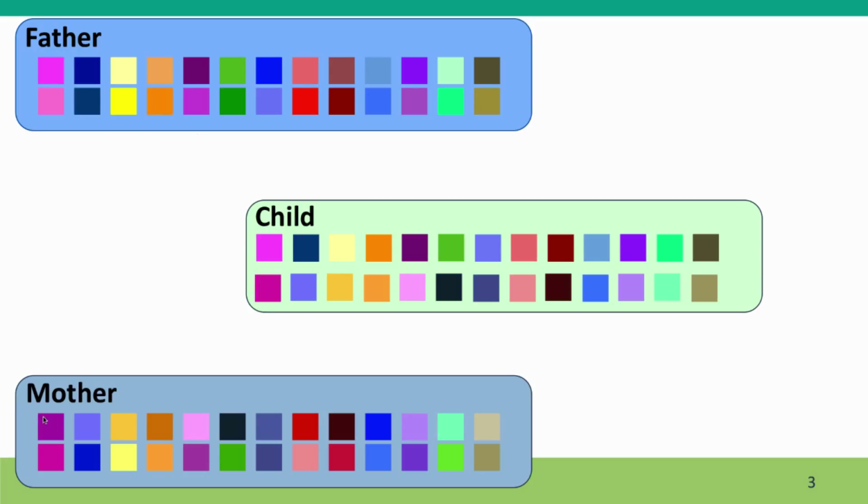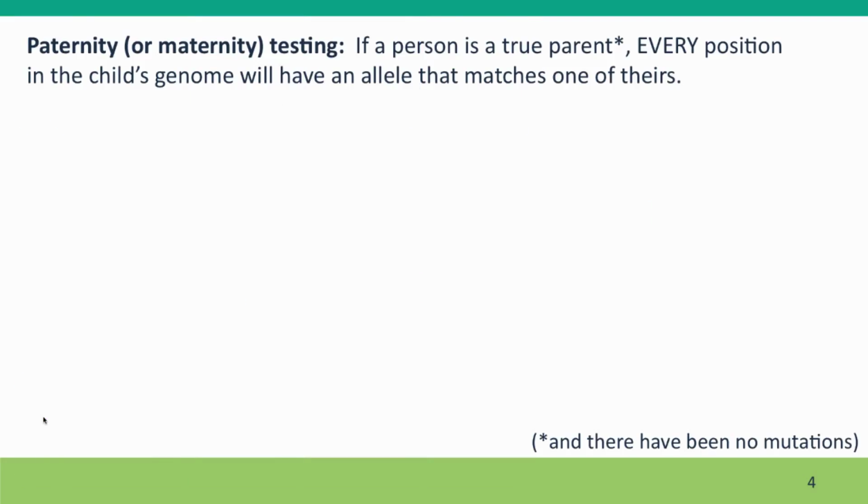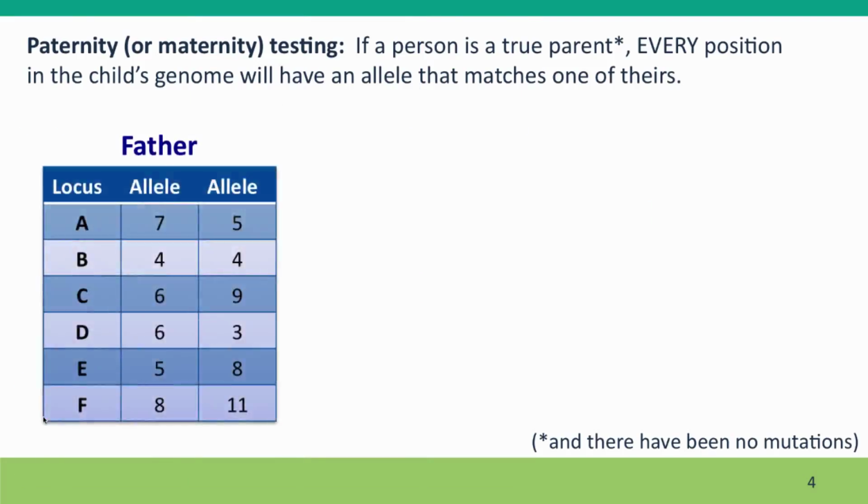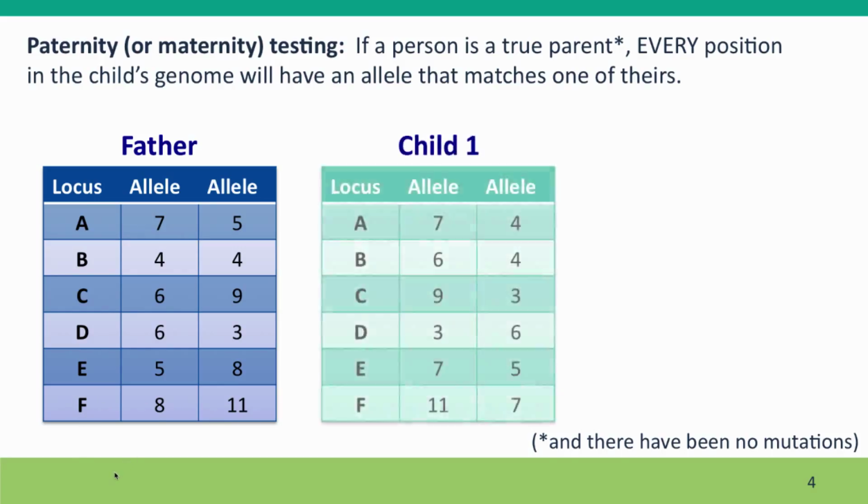Now, when this is applied in a paternity testing situation, here's how it works out. The father's DNA is scored for which allele he has at each of the 13 VNTR loci. I've only shown 6 here. And the child is also scored. If the father is truly the father of the child, then at every locus, one of the child's alleles must match one of the father's alleles.